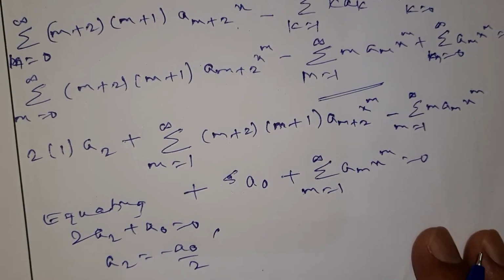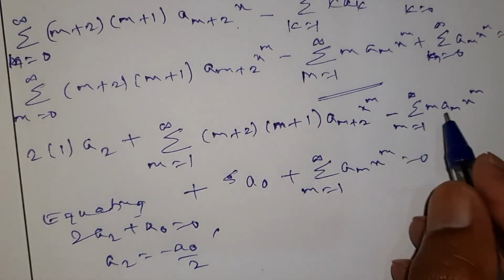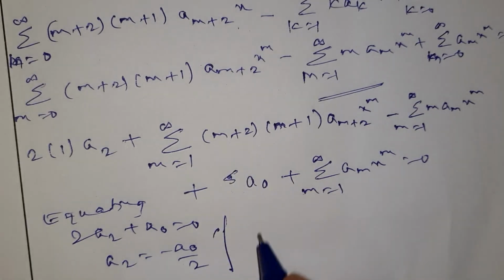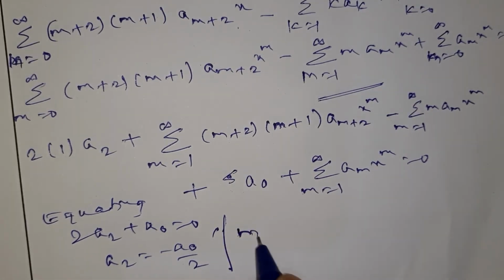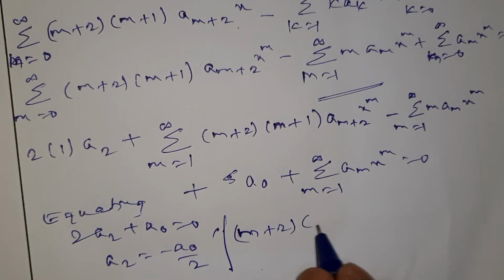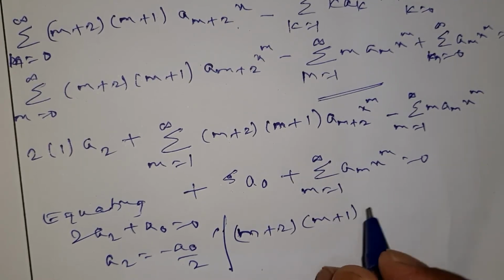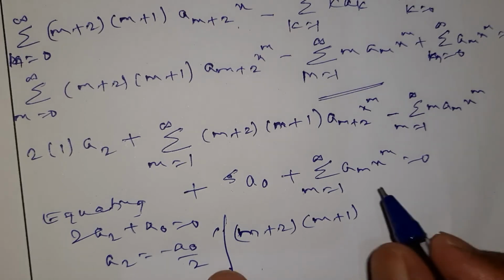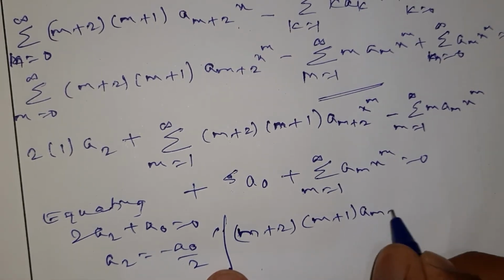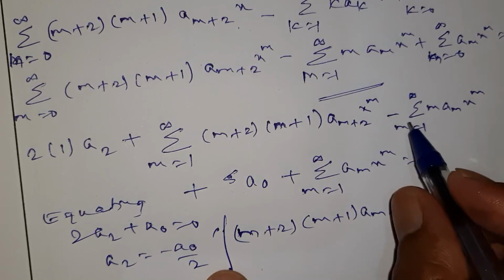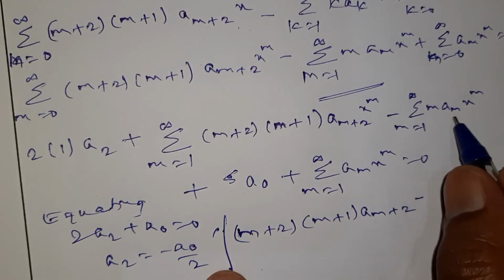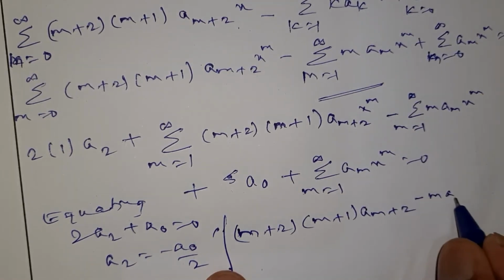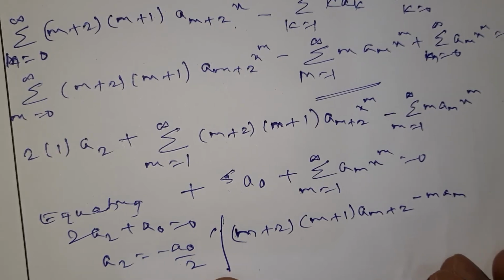Now collect the coefficient of x raised to m. X raised to m, plus 2 into m plus 1, m plus 2 into m plus 1, a(m plus 2), right, minus m am, right.